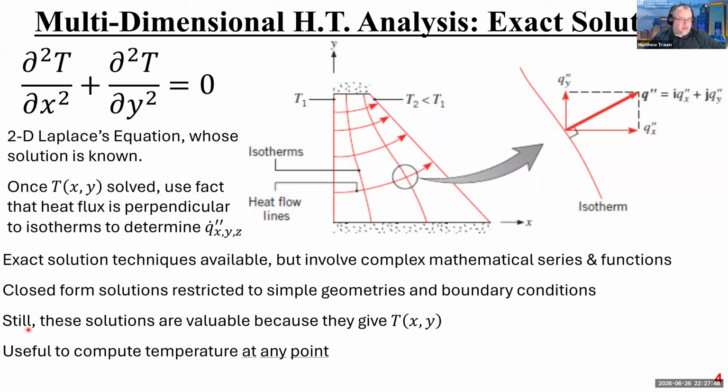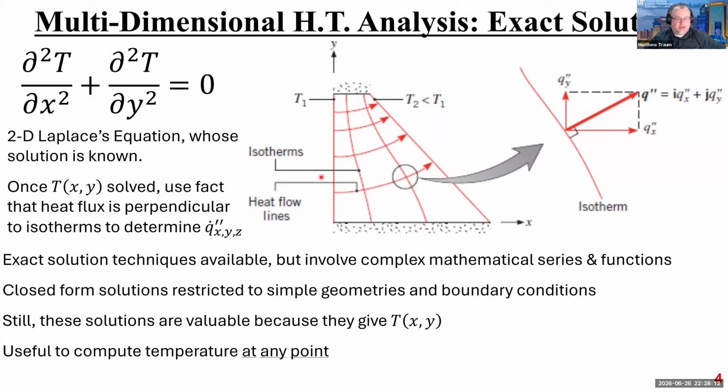So I say here, still, these solutions are valuable because they give a temperature field of x and y. And probably most importantly, they are useful to compute the temperature at any point, right? We're going to end up with essentially a series of continuous functions. And so anywhere in this shape, if we know the boundary conditions, right? We know this temperature, we know this temperature, we know this is adiabatic, that's adiabatic.